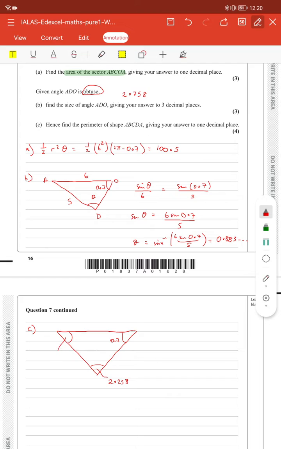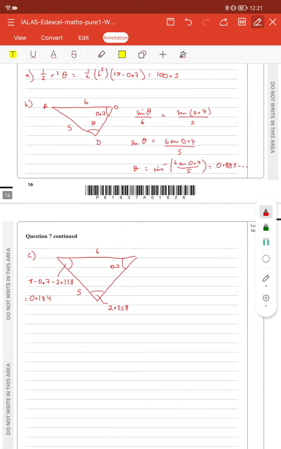So this angle is pi minus 0.7 minus 2.258. This is 6 and this is 5. So we can do pi minus 2.258 minus 0.7, which gives us 0.184. And we can use the cosine rule to find out this length.